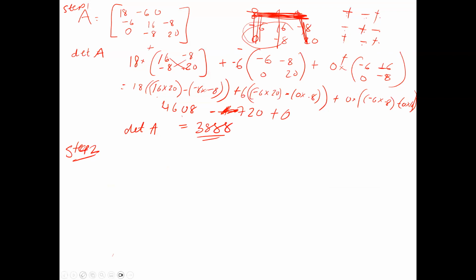This adjoint uses 2 times 2 matrices. So let's do it together now. For the top one, I'm going to cancel this way and then cancel down, so that 16, minus 8 and minus 8, 20.